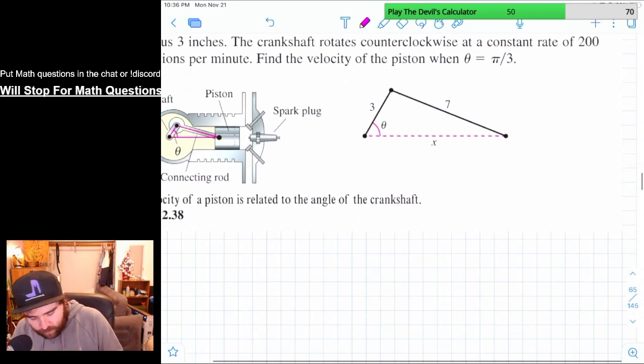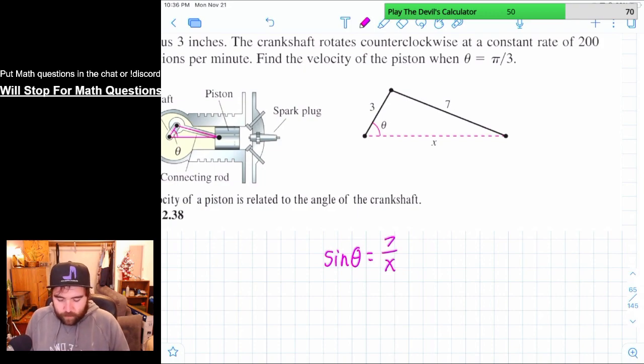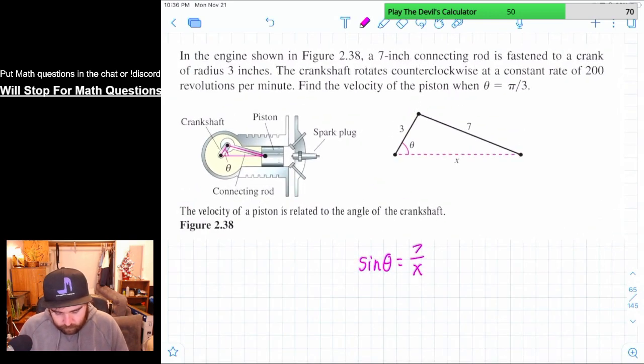So an equation that I know is I know that sine of theta equals 7 over x. No, I don't know that because it's not a right triangle. Well, they don't want me to use, well, it's also angle side side.